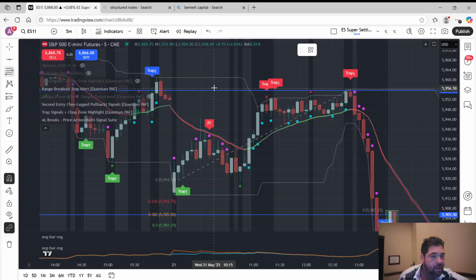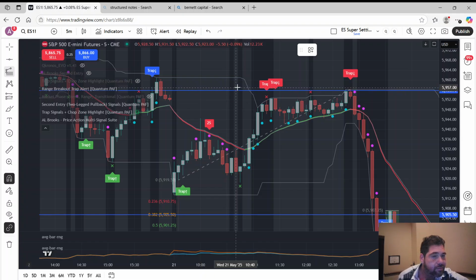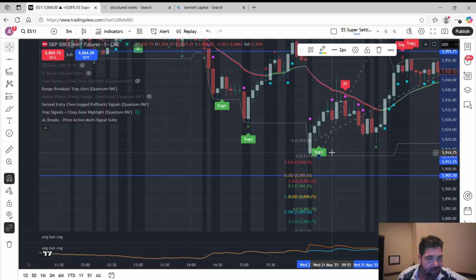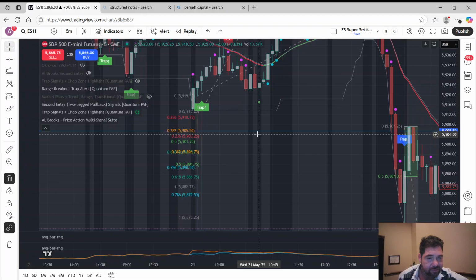So if we go over here and do a Fibonacci projection, we're going to see that the measured move of both of these trading ranges stacked together is going to be somewhere over here.